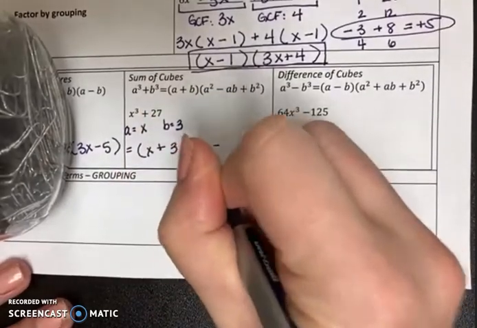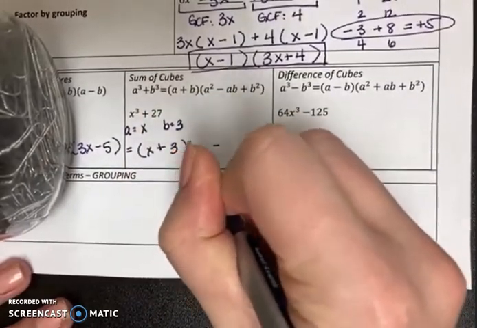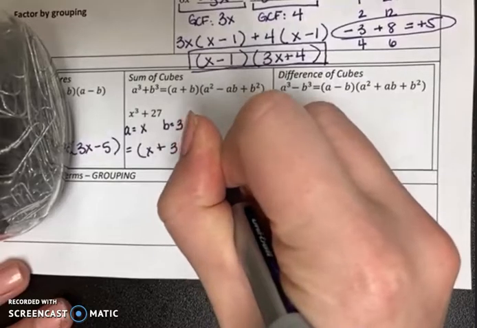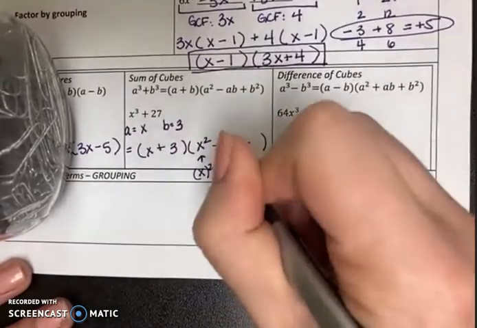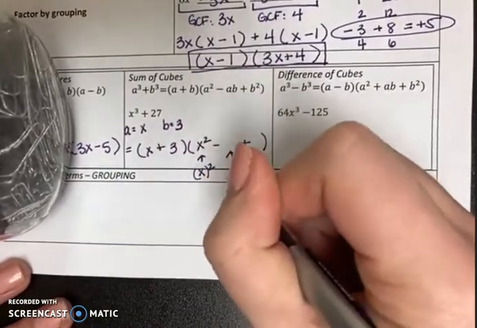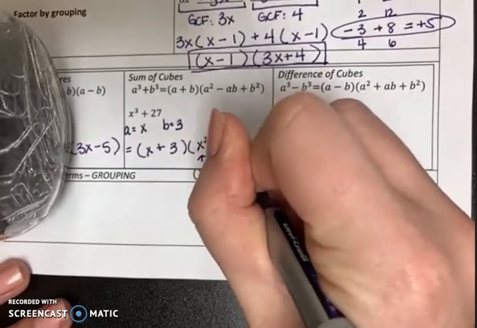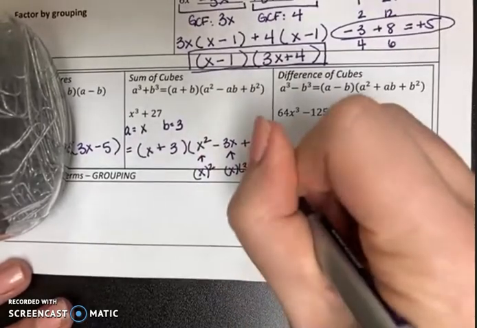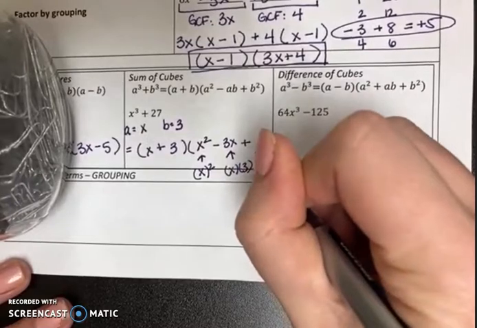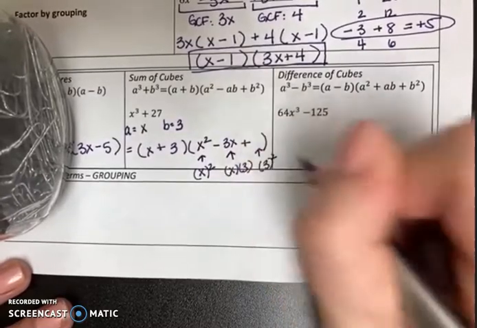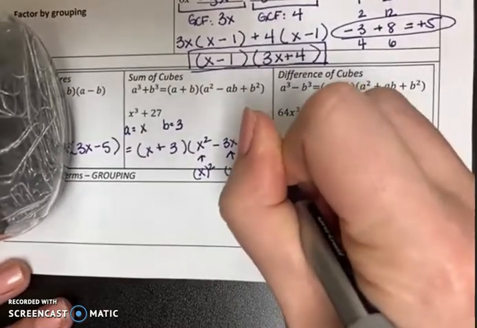And then here I'm going to put a squared. So x squared is just x squared. Right here I'm going to put a times b. So x times 3 is just a 3x. And then right here, I'm going to put my b squared. So 3 squared is 9.